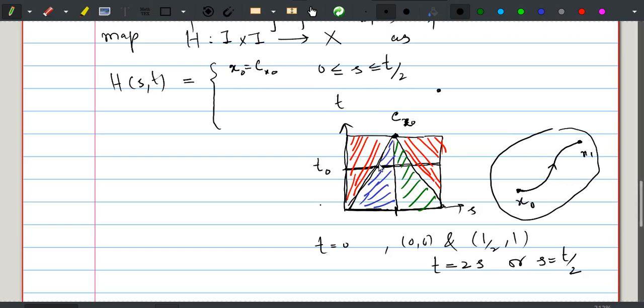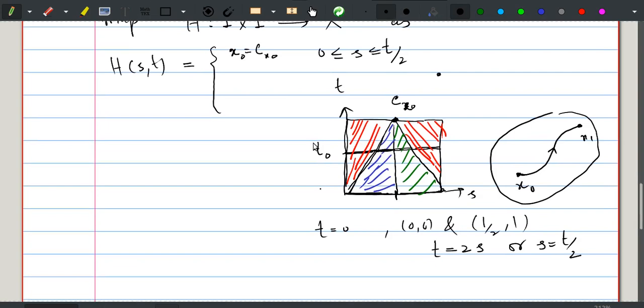Now next it travels f. That is the region bounded by this line and this line, so this is the region t by 2 is less than s less or equal to 1 by 2.